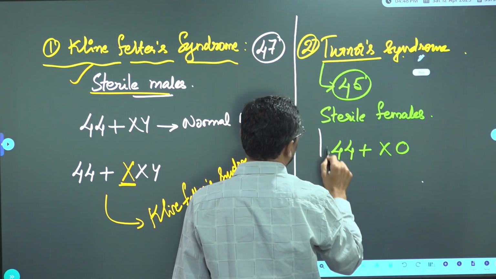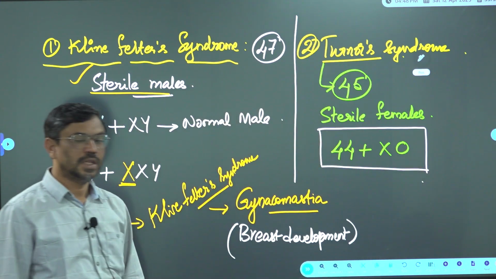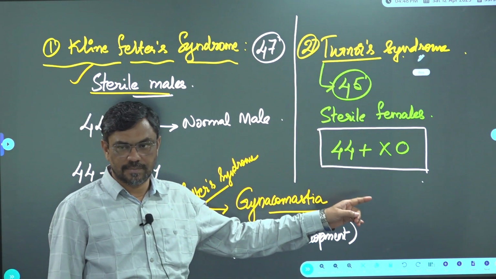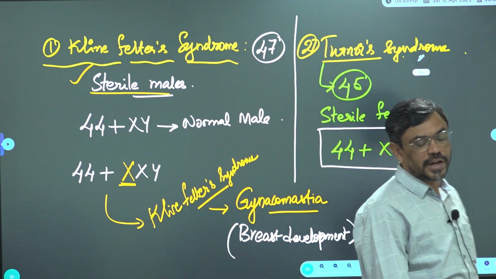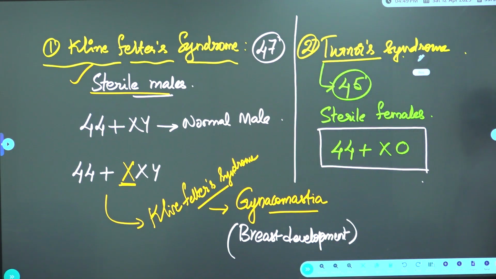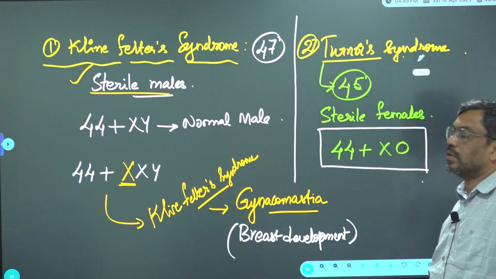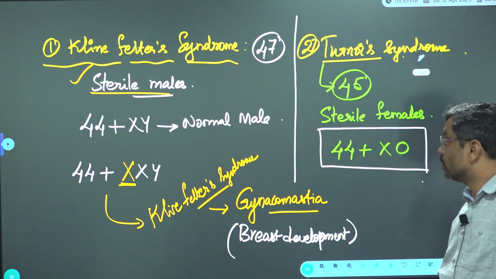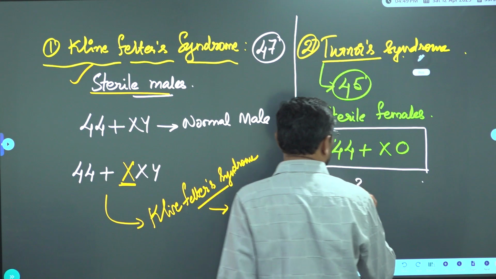Actually 44 plus XX is female, but here one X chromosome is less. 44 plus X0. So these are sterile, impotent females. There is no proper development of secondary sexual characters. This is Turner syndrome.